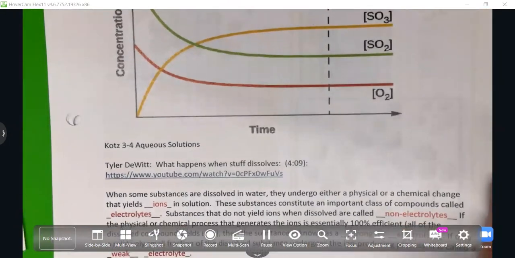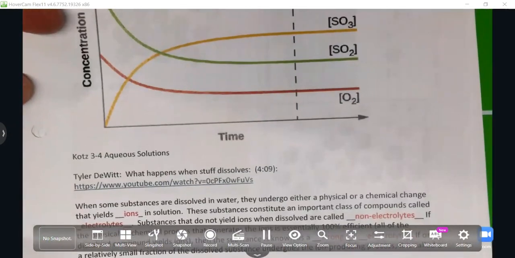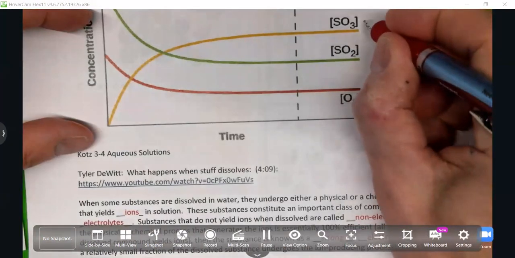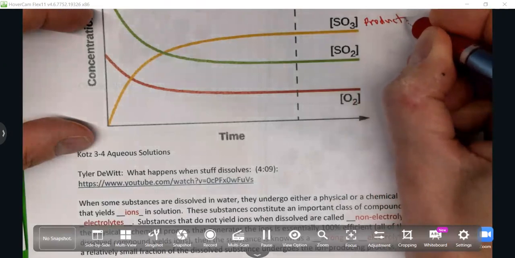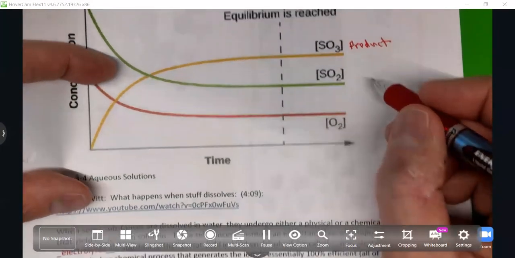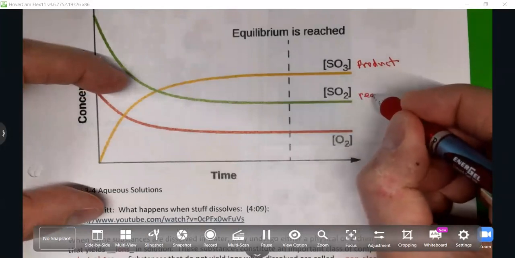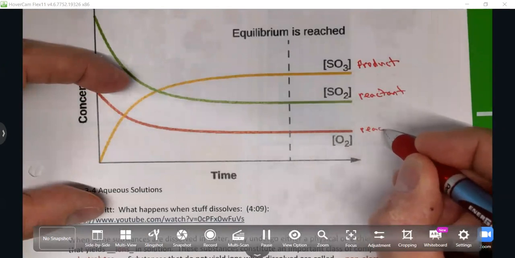So here's an example where this is on the product side. So this is my product. This is a reactant. And this is a reactant.